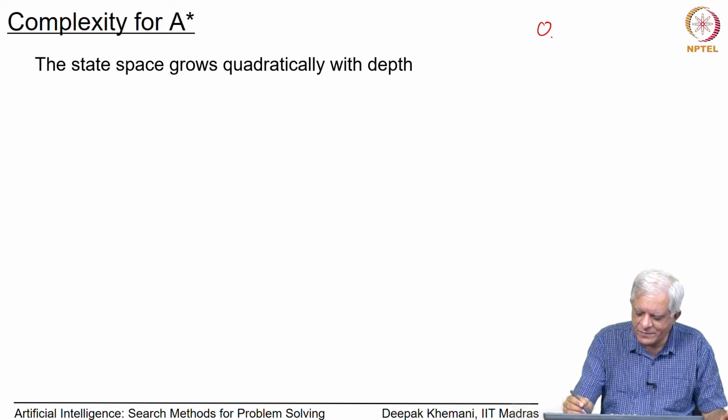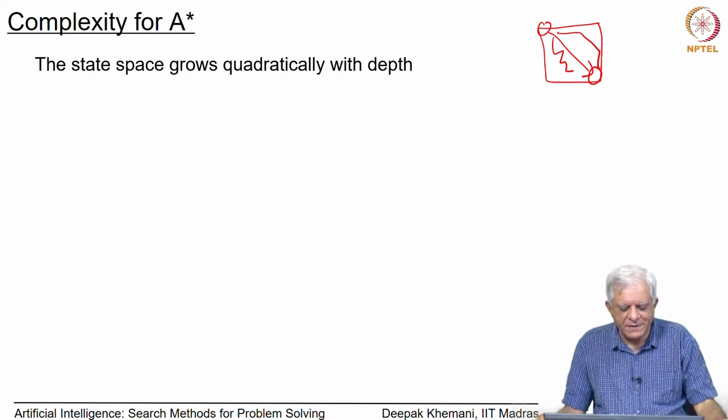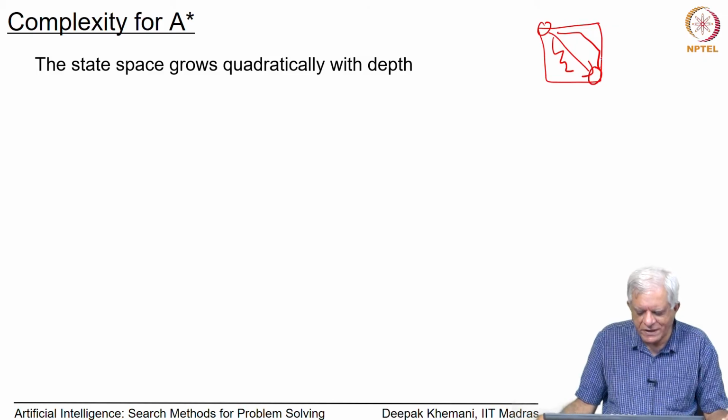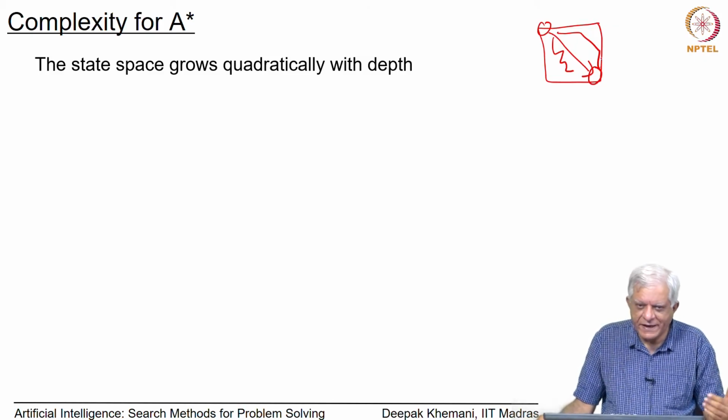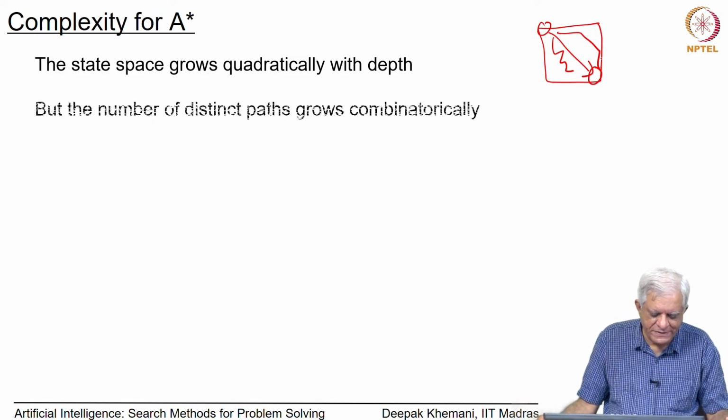The space, and you could have come through any one of those paths. So, you come from here to here and this is n steps, then for this entire array you could have come by this path, you can come by this path, whatever, you could have come by many paths, and therefore, the space grows actually only as a quadratic as you go away from depth. So, quadratic in terms of depth essentially, but the number of distinct paths grows combinatorially.